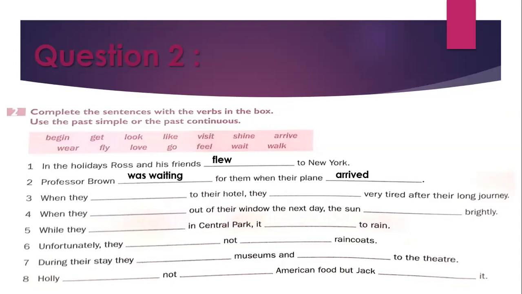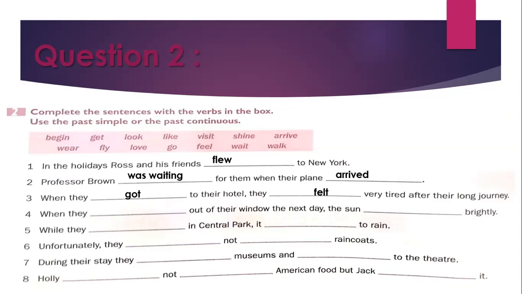When they to their hotel, they very tired after their long journey. So we talk about action happened and finished in the past. Okay, notice here we have two short actions. We don't have long action. So when they got or arrived, you can use when they got or arrived to their hotel, they felt very tired after their long journey.